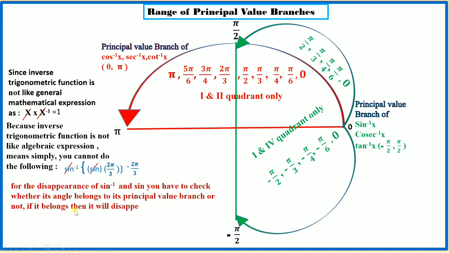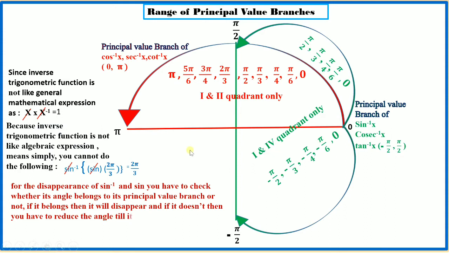If it belongs, then it will disappear. That means in that case it will automatically disappear and you will have this angle, whatever it is. And if the angle doesn't belong to that particular quadrant, then you have to reduce the angle.